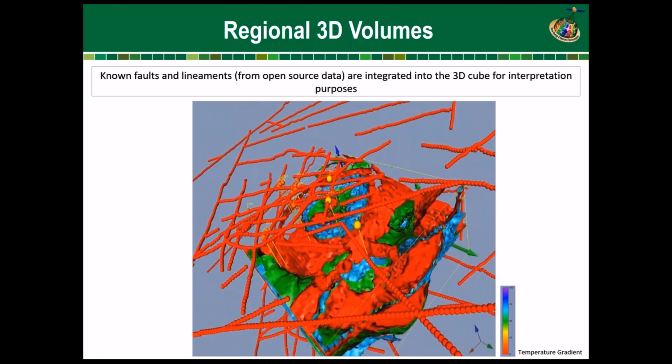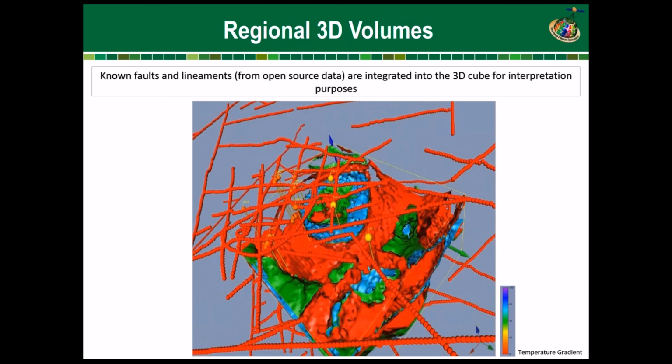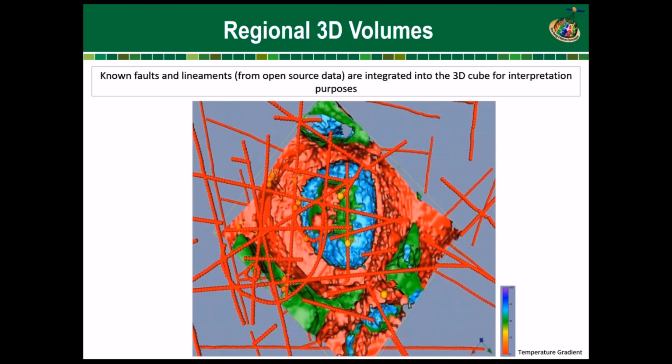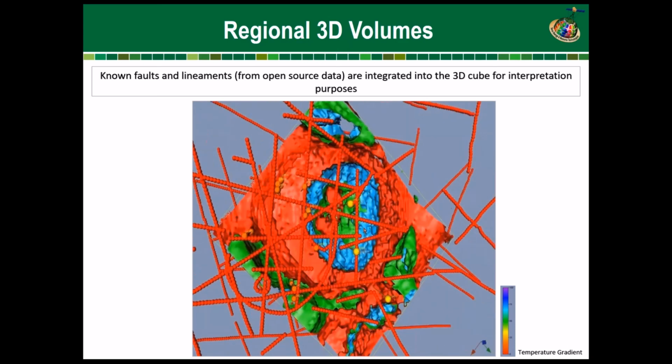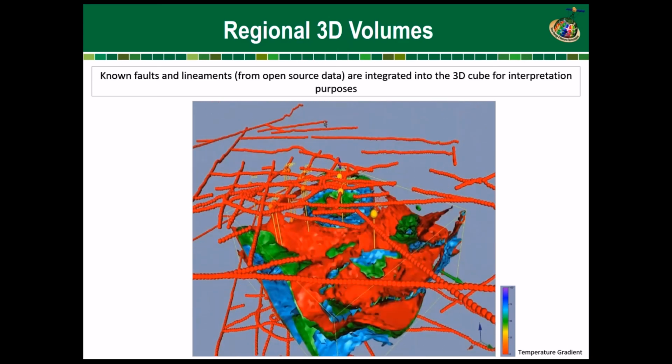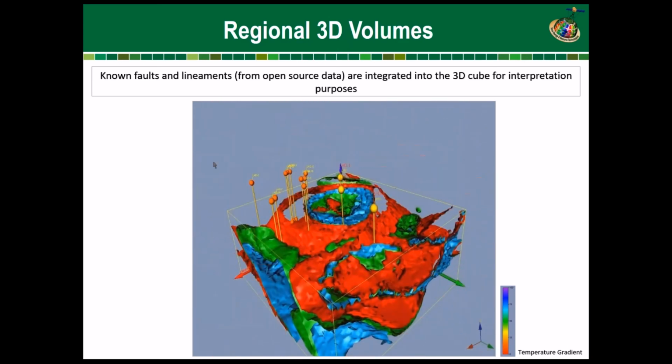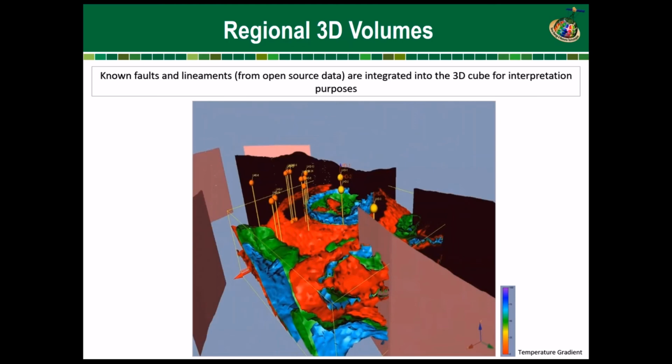Within this presentation, you will see varying stages of this interpretation and varying conclusions that are being made so that we can then put together an accurate picture of what is going on within this area, and specifically within this geothermal volume.